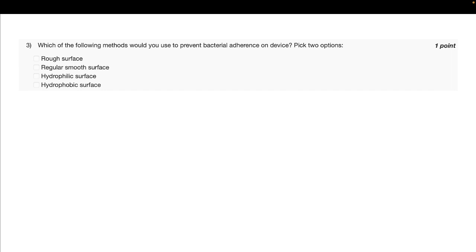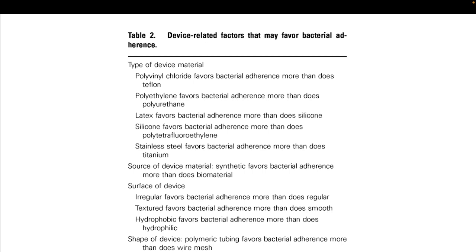Okay, let's look at the answers. The last two people who answered were correct. The right answer is regular smooth surface and hydrophilic surface. Here we want to prevent bacterial adherence on the device. These are the points you should consider when you are implanting any material inside.